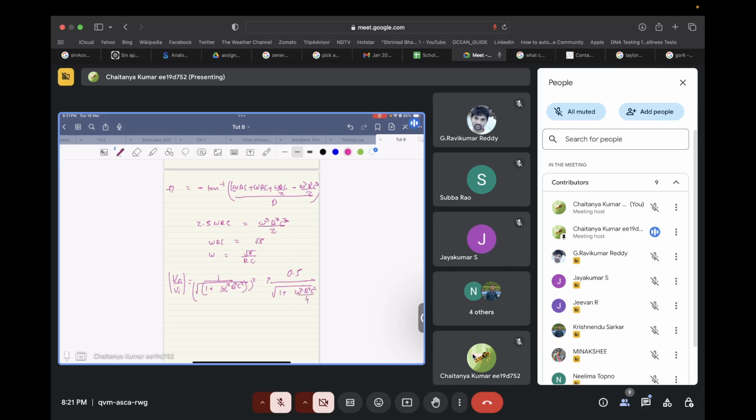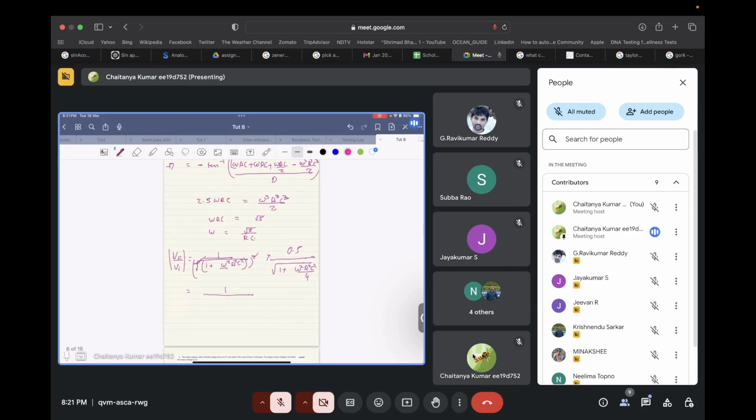Okay, so let's put this particular omega in this equation. Here the square and square root can be cancelled, so we have 1 plus 5, and r square c square cancels in the denominator, so we have 1 plus 5 over here, and in this thing we have square root of 1 plus 5 by 4, and on top we have 0.5.